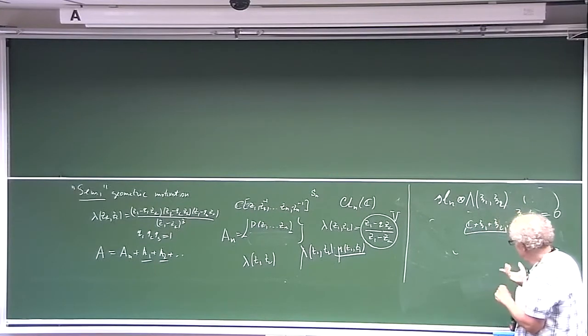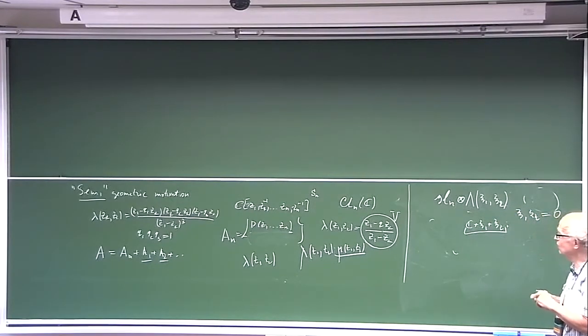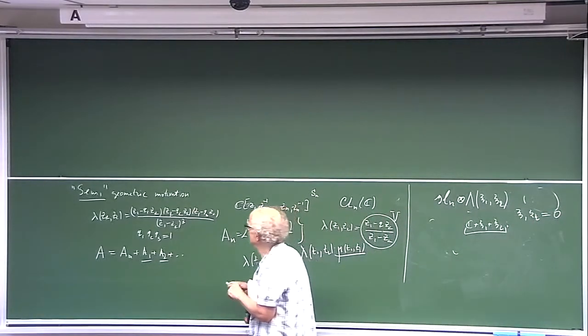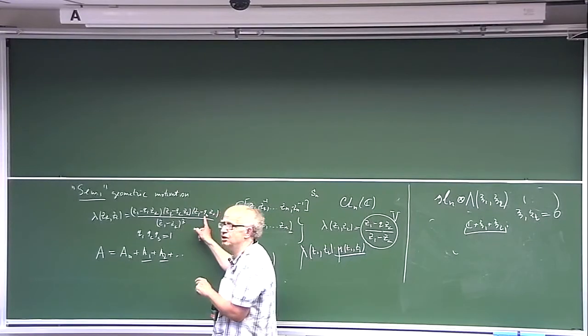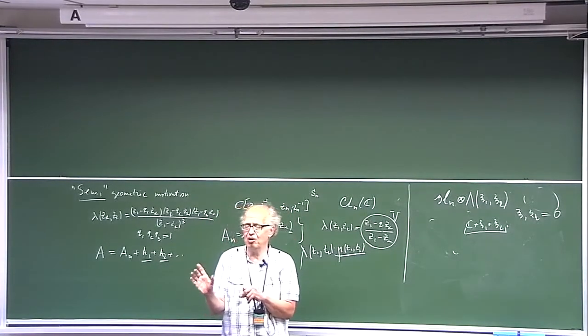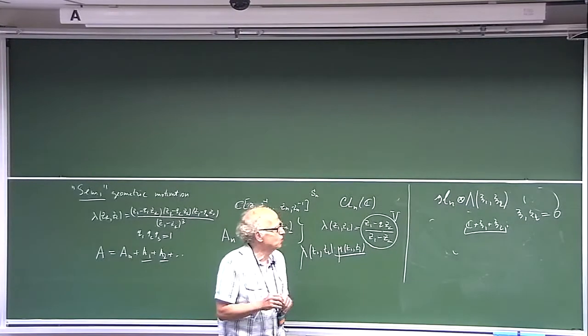Then from the point of view of the shuffle algebra, it means that we do not have this Q3, so we do not have this term which relates with psi1 times psi2.